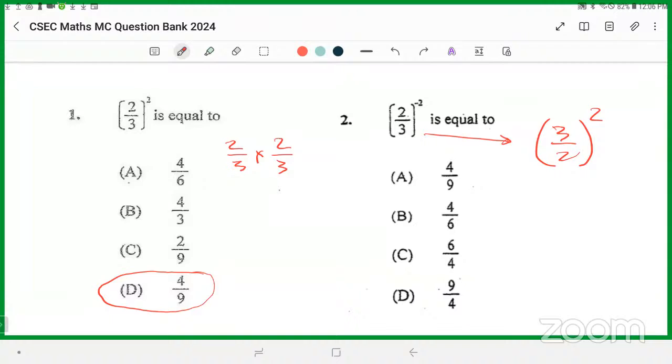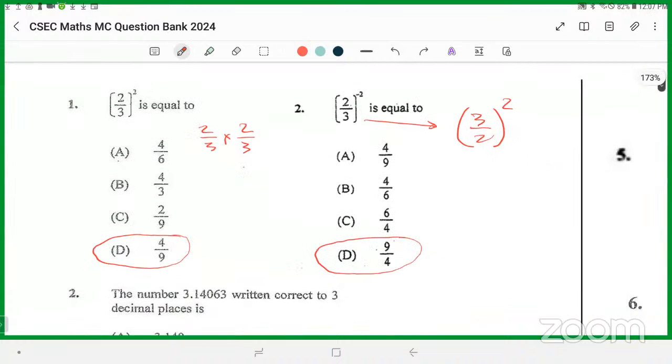So the answer for this one is 9 over 4. But if you notice, the 4 over 9 answer is also there. So if you know the previous question and think this one is the same, you might put 4 over 9. So it's wrong. That's why you have to be careful and look. Don't assume it's the same answer, right?